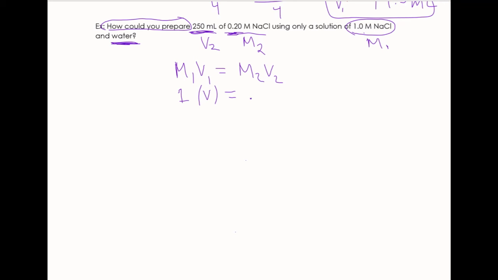Okay, and we're just going to plug in those numbers just like before. Okay, multiply them together. And we're going to get 50 milliliters for our volume 1.